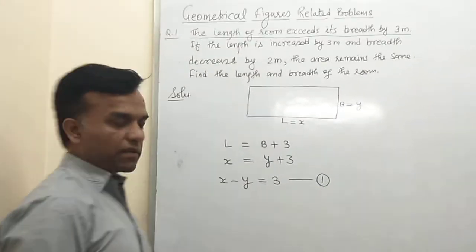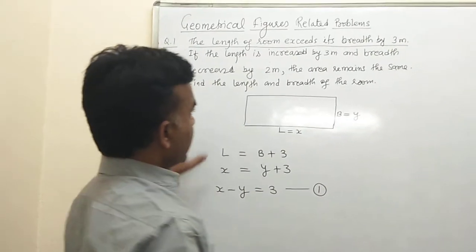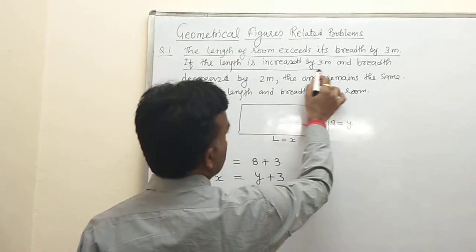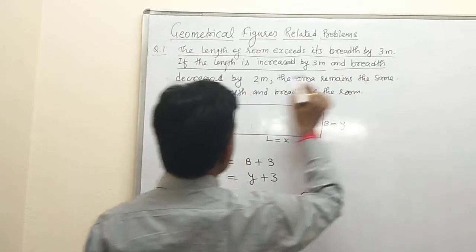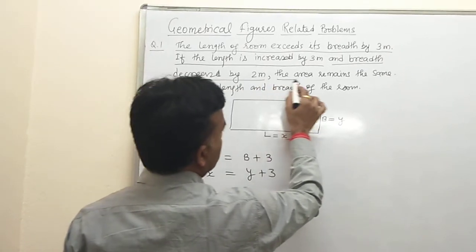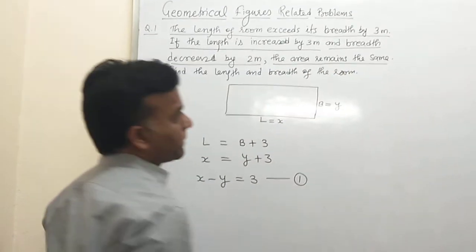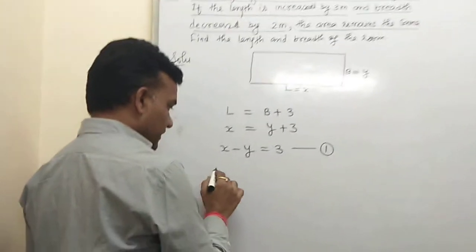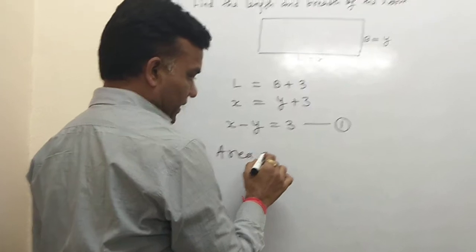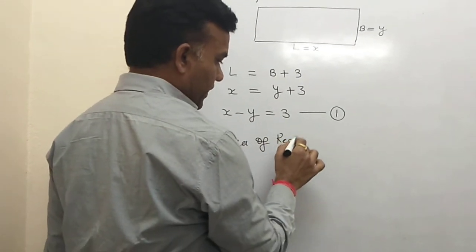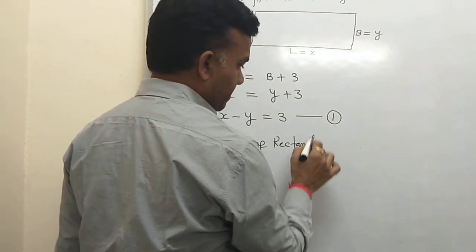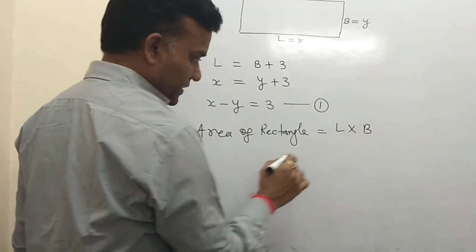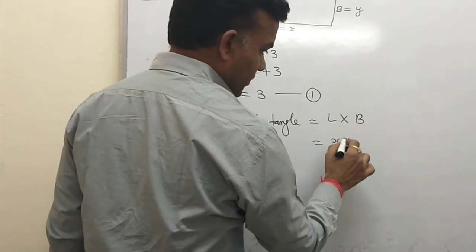So the first equation is completed. Now the second: if the length is increased by 3 and breadth decreased by 2, the area remains the same. Since we discuss the area, first write down the formula of the area of a rectangle: length into breadth, so x into y.